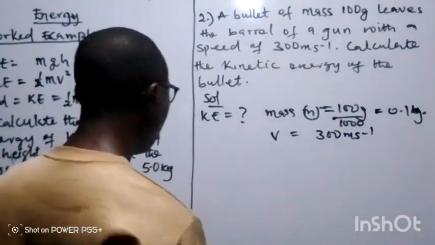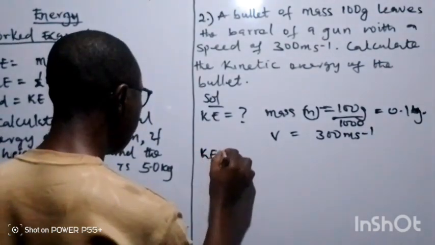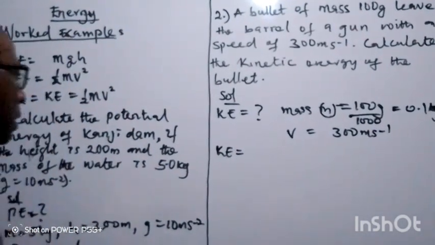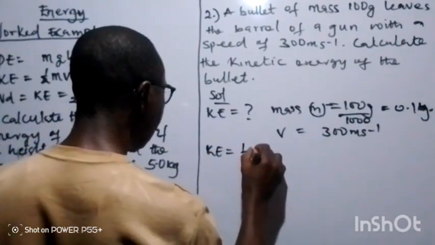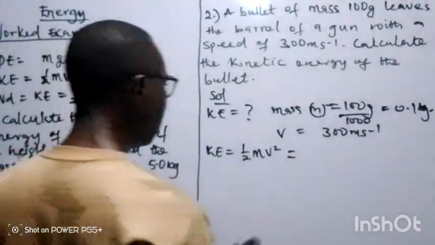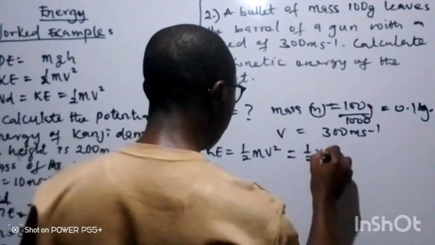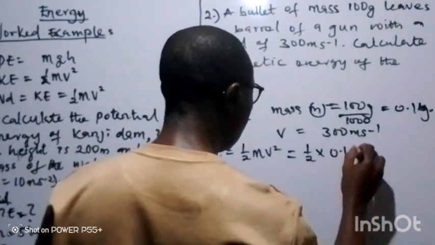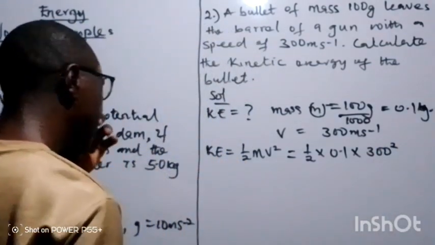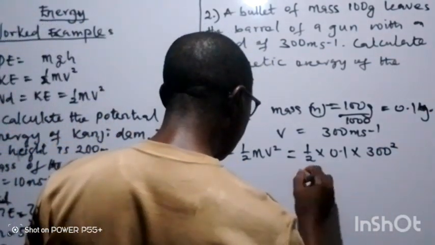Now, the formula to calculate kinetic energy, as I've written on the board, is half mv squared. So this will give us half multiplied by 0.1 multiplied by 300 squared. And 300 squared gives us 90,000.